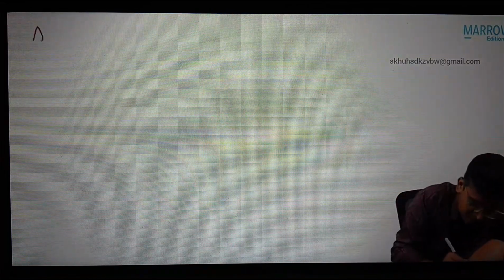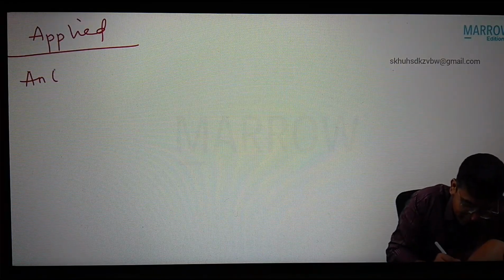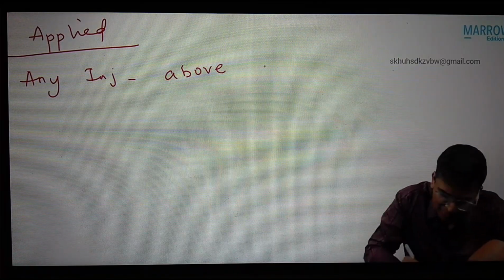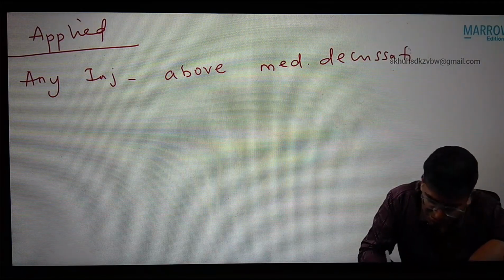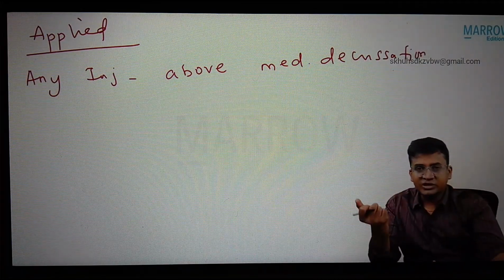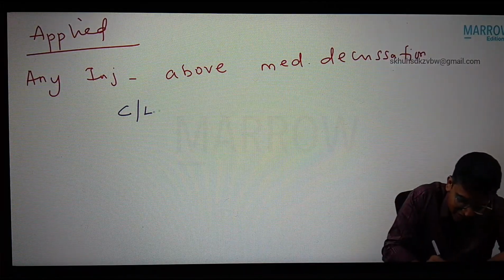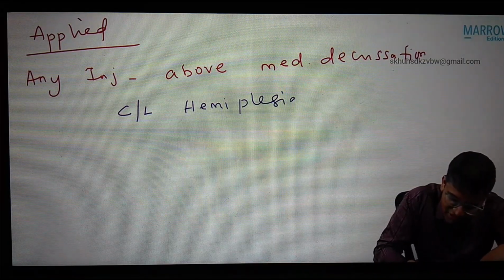Applied. Okay. Now, any injury above the medulla decussation, the effect will be on the opposite side. The patient has contralateral weakness, contralateral hemiplegia.